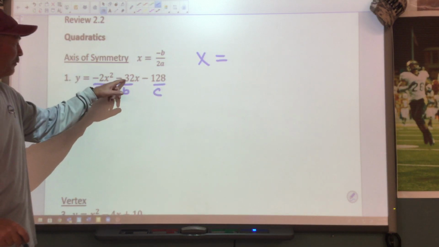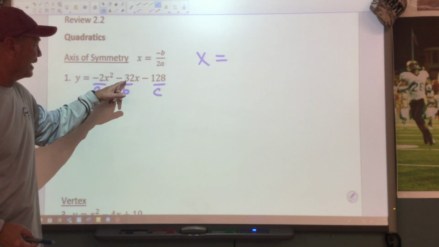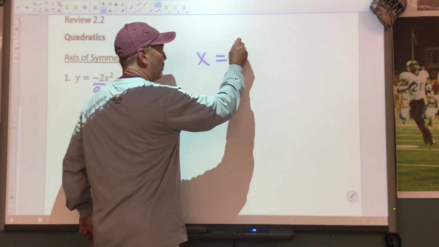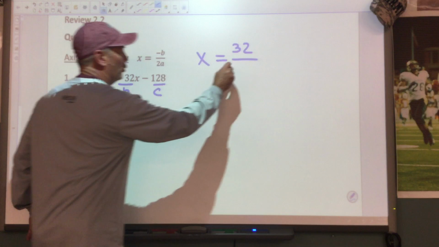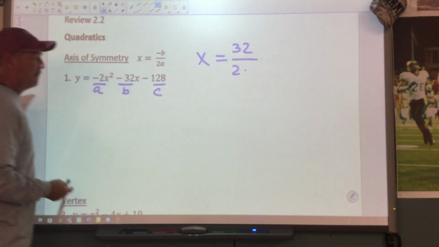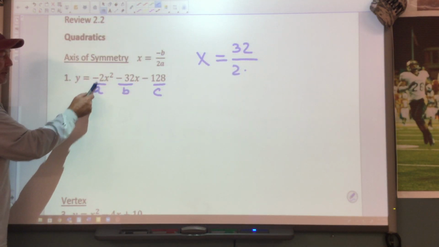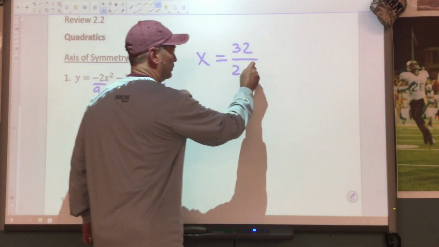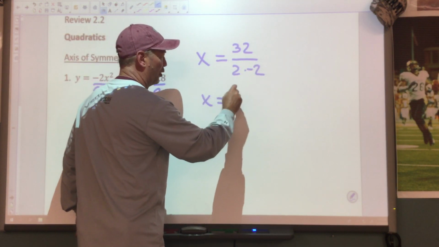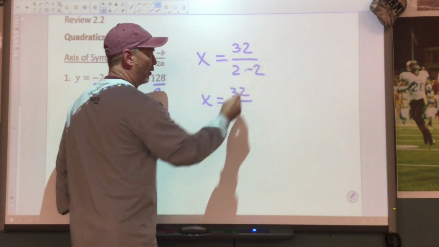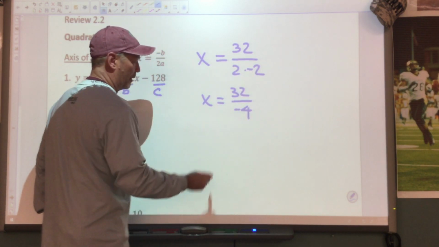So the opposite of b, the opposite of a negative 32 is a positive 32 over 2 times my a value. My a value is a negative 2. This is going to give me x equals 32 over negative 4.